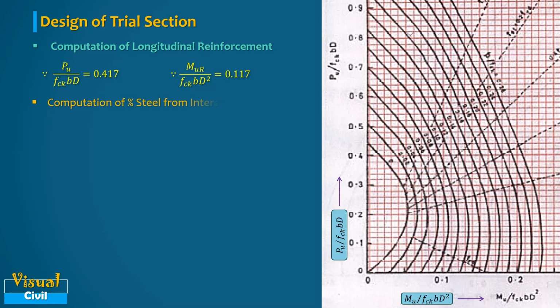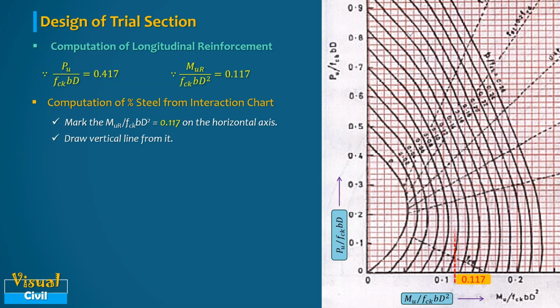So let us get the value of percentage steel from this chart. In the chart, mark the Mu by fck b D square value 0.117 on the horizontal axis and draw a vertical line from it. Similarly, mark the Pu by fck b D value 0.417 on the vertical axis and draw a horizontal line. Get the intersection point of these two lines.